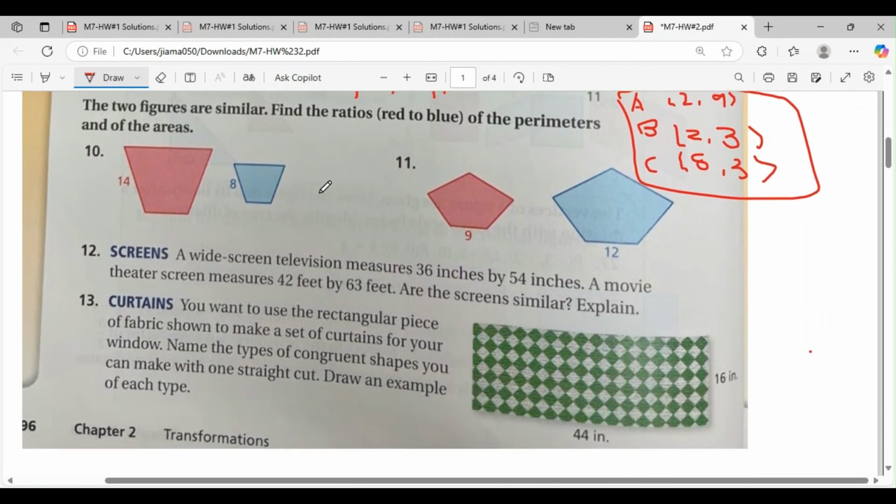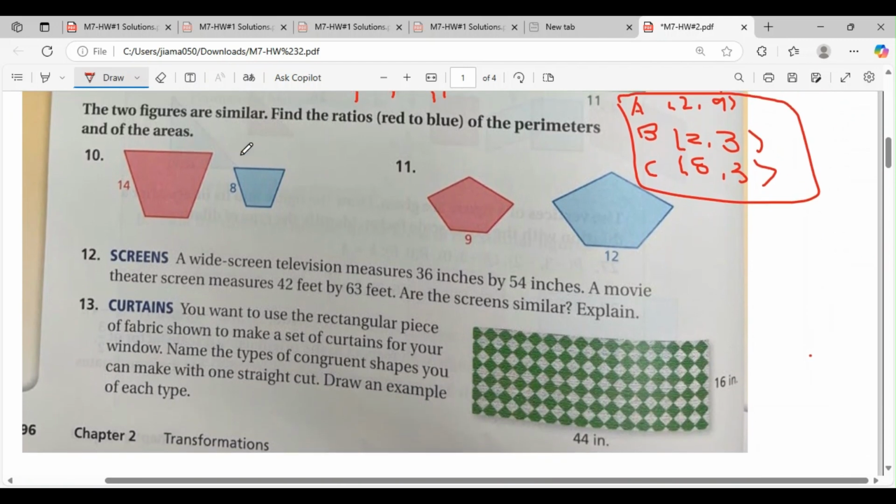So let's see number 10. The two figures are similar. Find the ratios, red to blue, of the perimeters and of the areas. Okay, let's see.